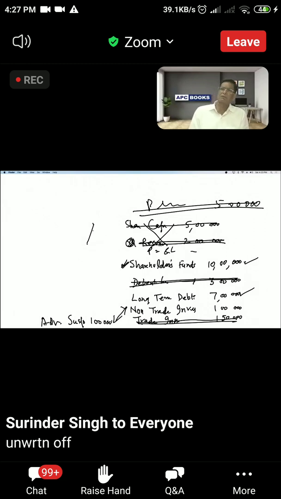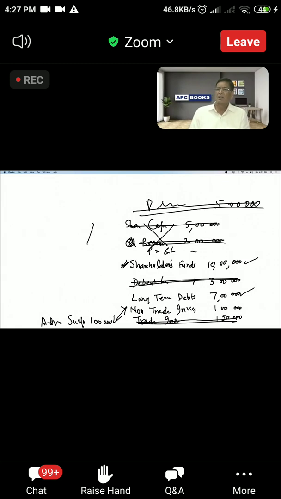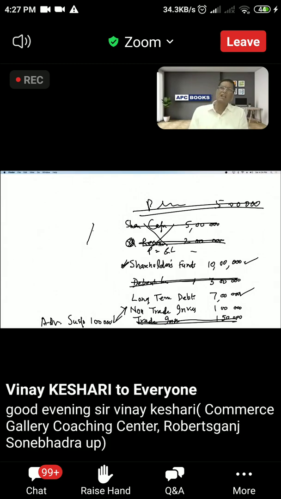Suppose we have purchased shares of Reliance Industries, or Tata Sons, suppose Tisco. Those shares we have purchased because we had excess money with us.